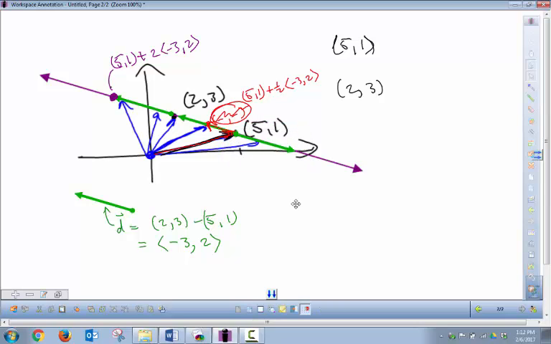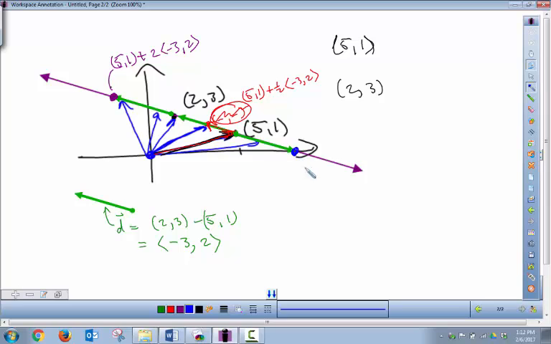I could go on the negative side to get to this point over here by starting with 5, 1 again, and then adding, well, instead of adding some scalar multiple of 3, 2, I would actually subtract and multiply by a negative number. That gives me this point.